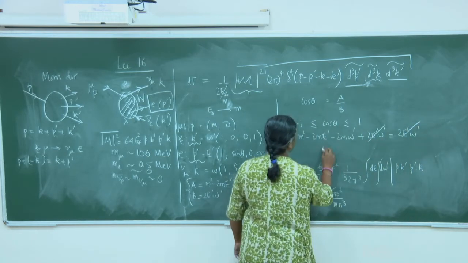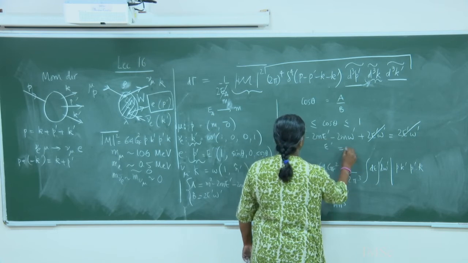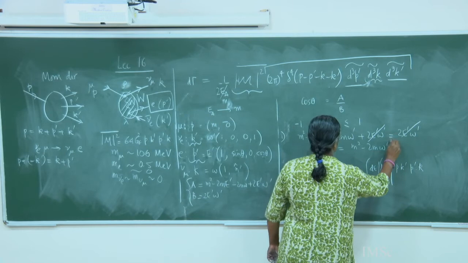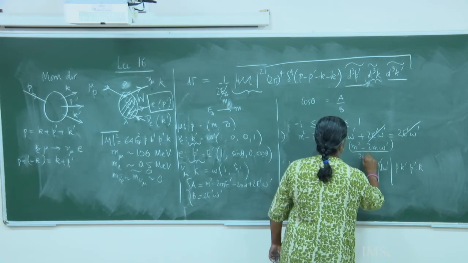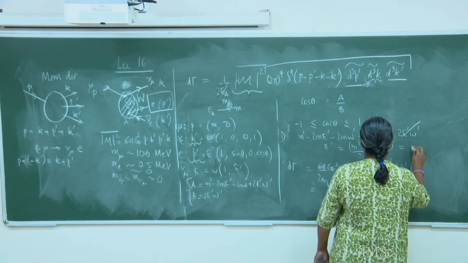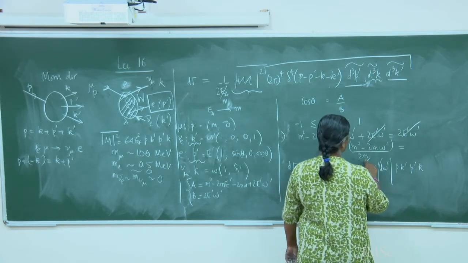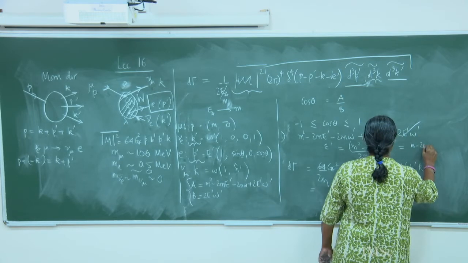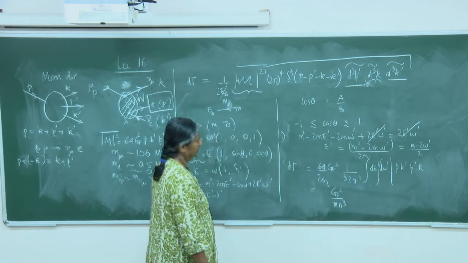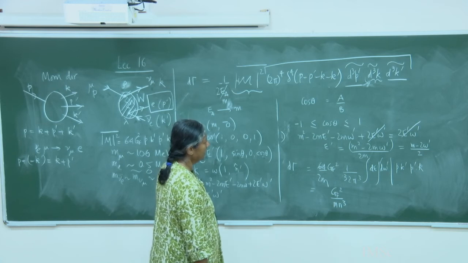So then I will get 2m e prime is equal to m squared minus 2m omega prime, and m and m will cancel. So I have e prime equal to m minus 2 omega prime by 2. Okay.